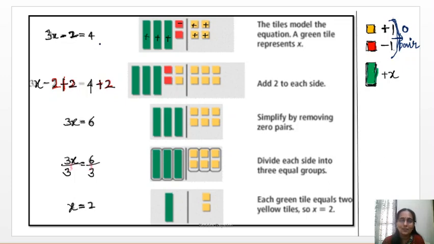Next step: in the balancing method, you have to isolate the variable. The purpose of the next step is to nullify, to remove the minus 2 here. When you keep plus 2, you will get 2 plus and minus pairs, and you can remove the minus number. So for that you have to keep 2 plus squares.